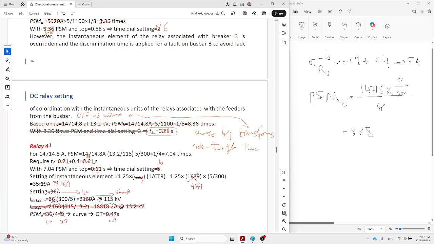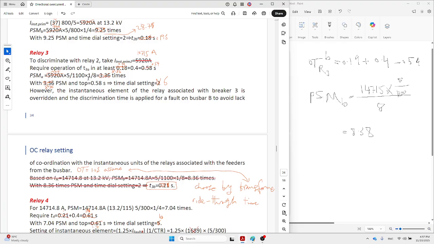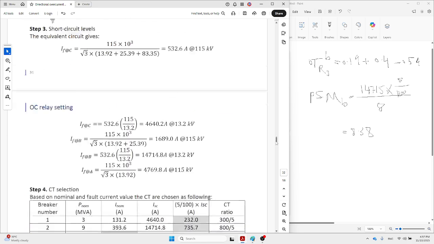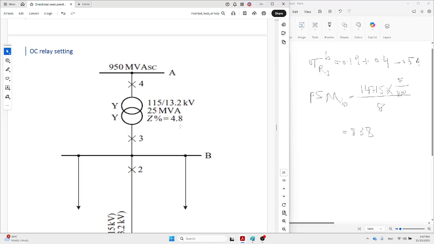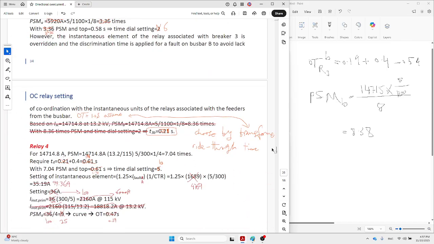Relay 4 is selected in the way to fulfill the current at this relay. So the relay fault is 14715. Then for relay 4, which is placed at the other side of the transformer, we have to consider the transformer effect because the fault is here. By increasing the voltage, which is 115, of course, the current must decrease.